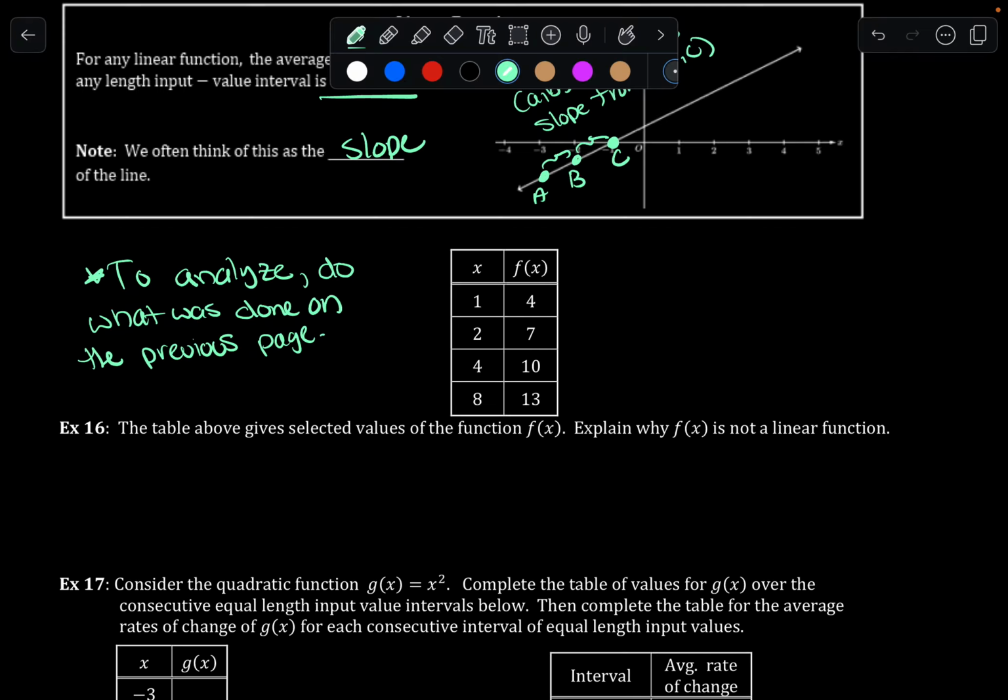However, we need, this is an important term, equal length input value intervals.